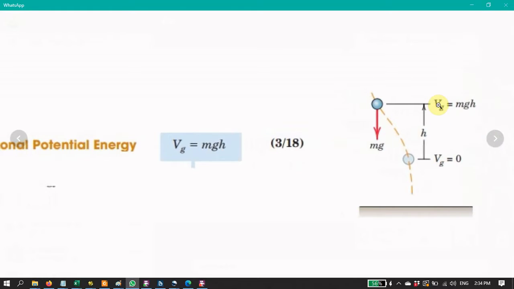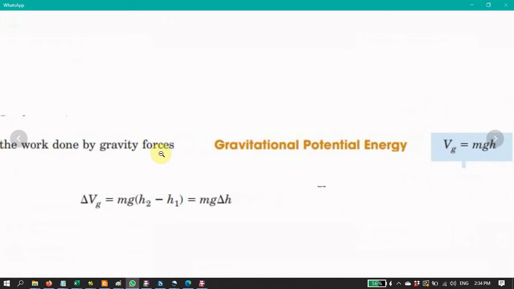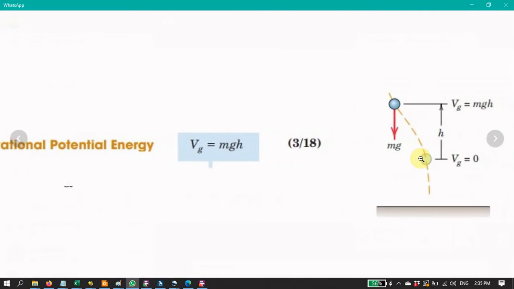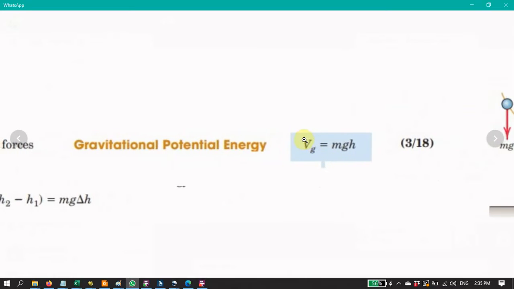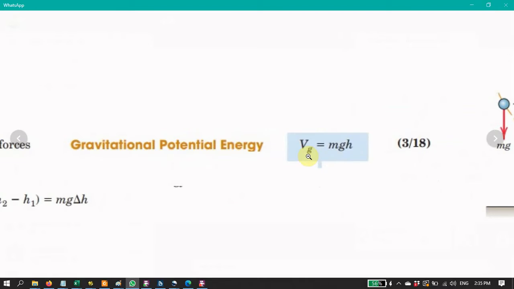So this is called the work done by gravitational forces, right? And the symbol being used is V, with G for gravity. So you have to take notice of the origin for this case.